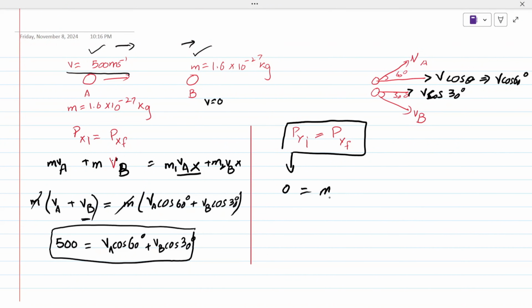It would be mA vA sin theta plus mB vB sin theta, primarily vA sin 60 and vB sin 30. So thus we can write vA sin 60 and mB vB sin 30.